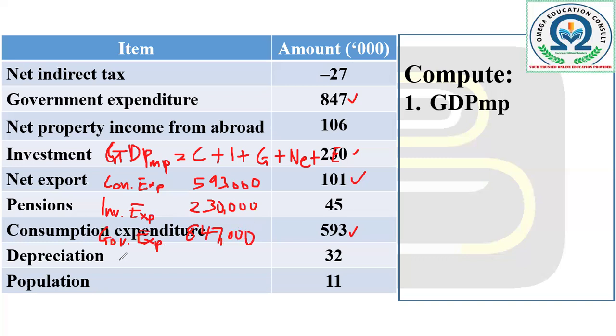So this is where you have no export, you have no import. So the value of the net export, you just write net export. So net export value is 101,000.